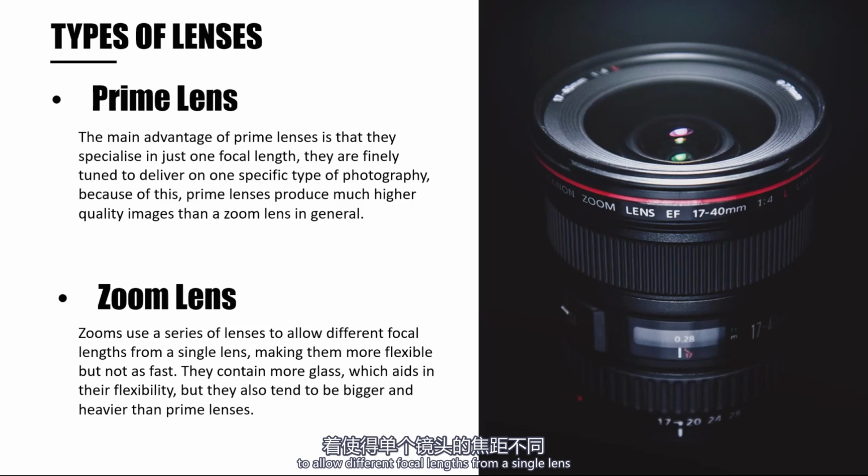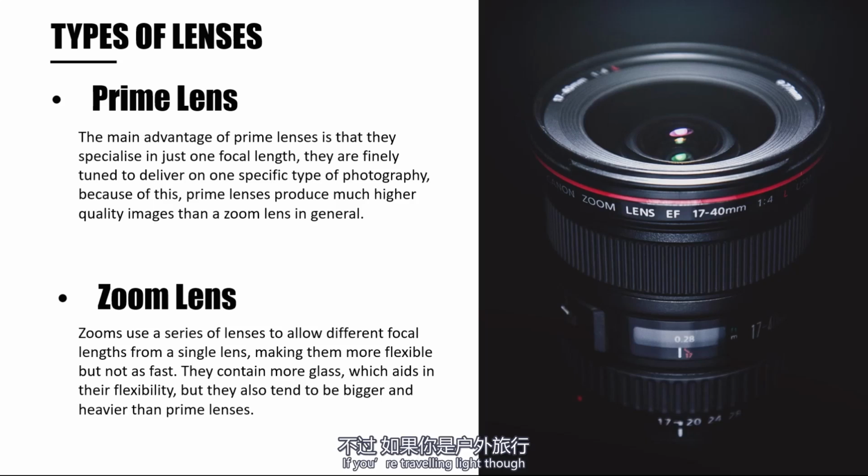And zoom lenses use a series of lenses to allow different focal lengths from a single lens, making them more flexible but not as fast. They contain more glass, which aids in their flexibility, but they also tend to be bigger and heavier than prime lenses.